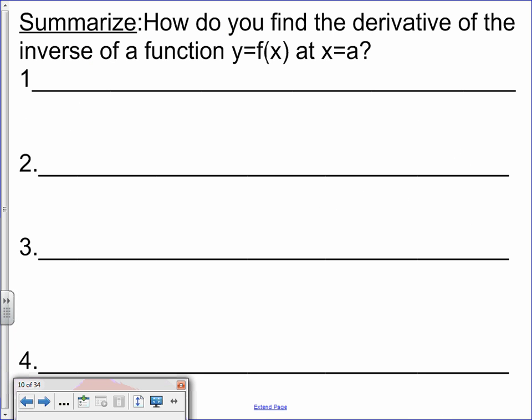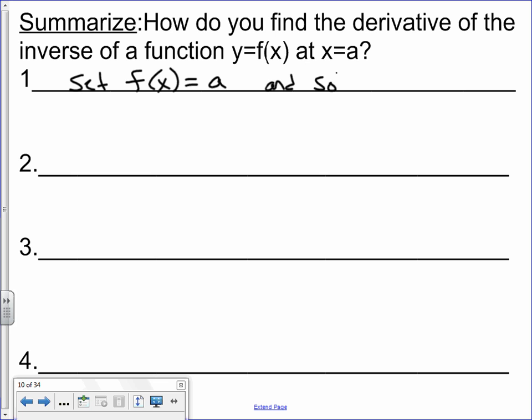So to summarize, as far as getting the derivative of the inverse of a function, first set f of x equal to, in this case I call it a, and solve for x.